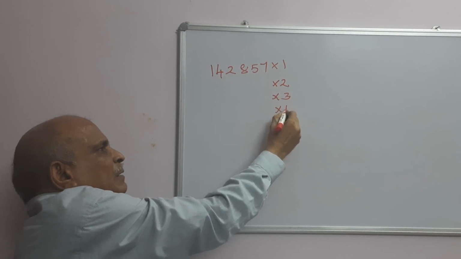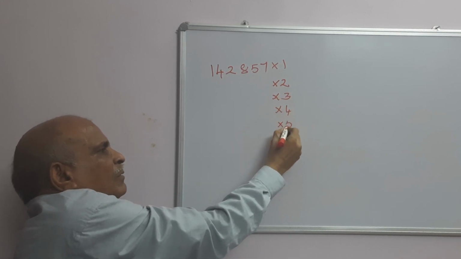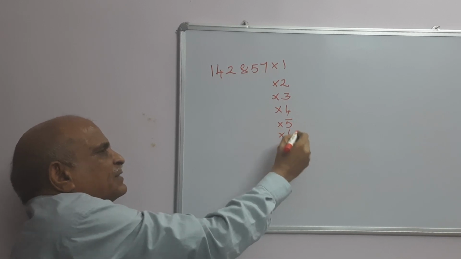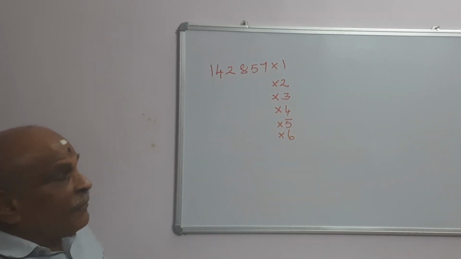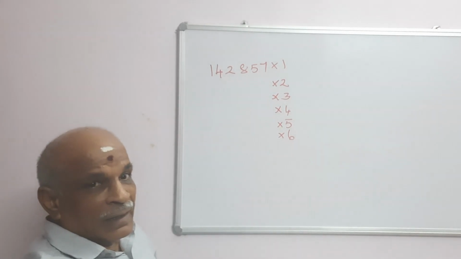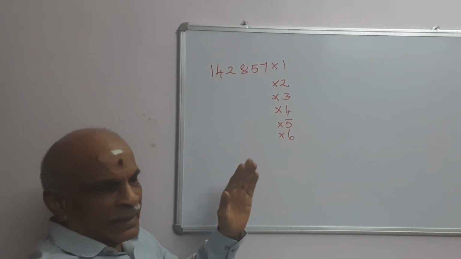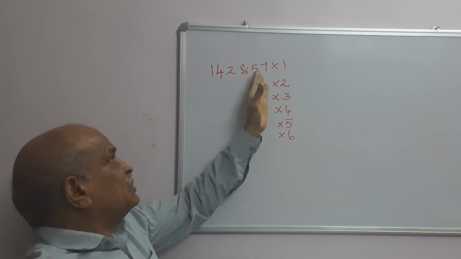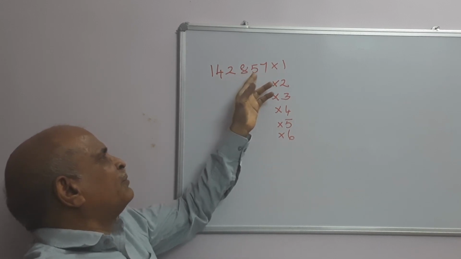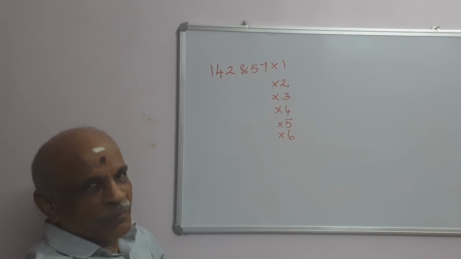3, 4, 5, 6, we will get a 6-digit number that is having all the 6 digits, that is 1, 4, 2, 8, 5, 7, but in varying sequence.